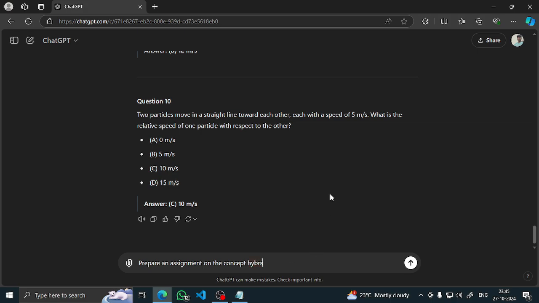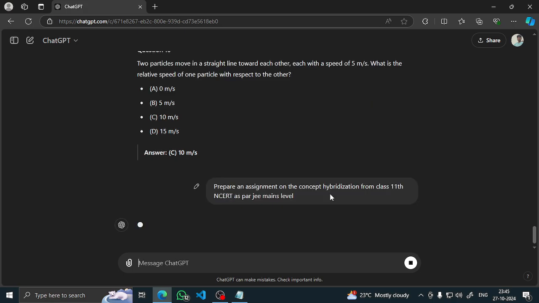Hybridization is very complex. The concept of hybridization from class 11 NCERT as per JEE Main level. Okay, so let's see what it does.